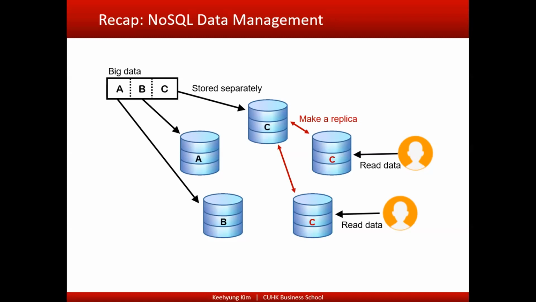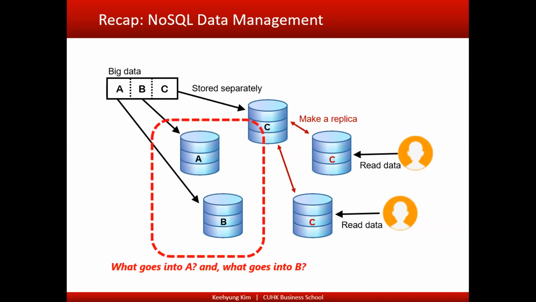Then the question is: how do we divide it, and how do we assign a certain document to be saved in A, and how should we determine a certain document to be saved in B? What goes into A and what goes into B? We have to determine that.